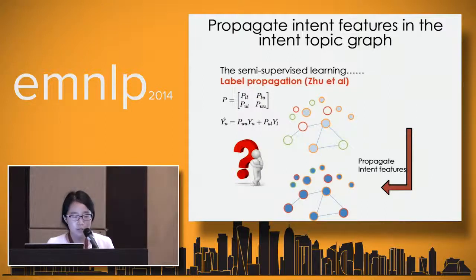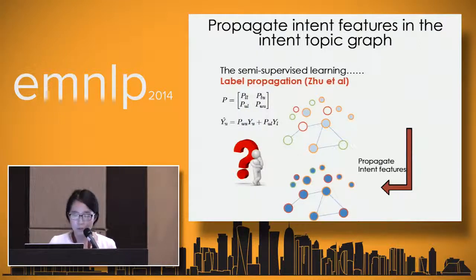That tells us how to utilize partly labeled data to generalize to the whole data set. But notice that here we have 2 kinds of intent features, and we use the features as the soft label of nodes.